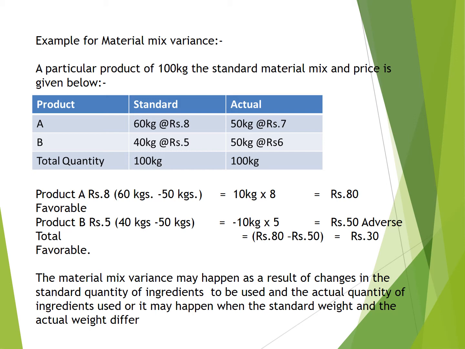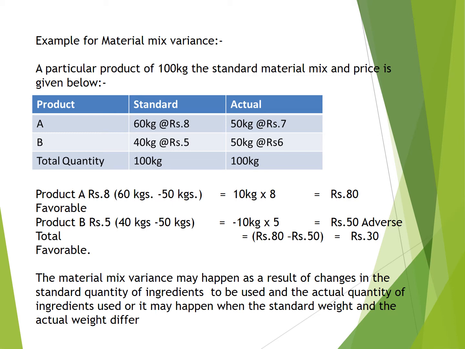Second one, product B. Standard quantity required for that product is 40 kg, but actual quantity used is 50 kg. So totally 100 kg is produced, but the mix was different. Instead of 60 to 40, they used 50 to 50.